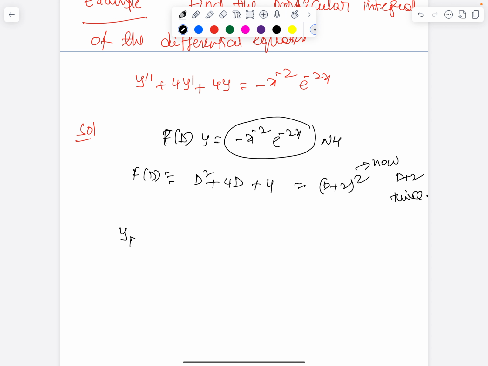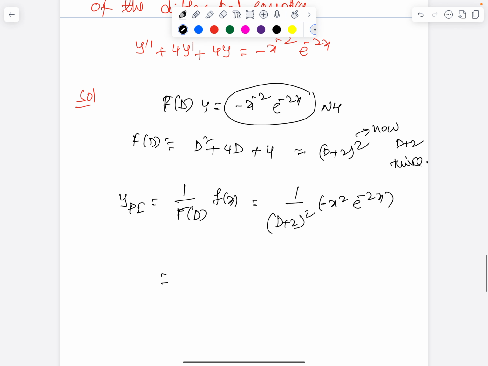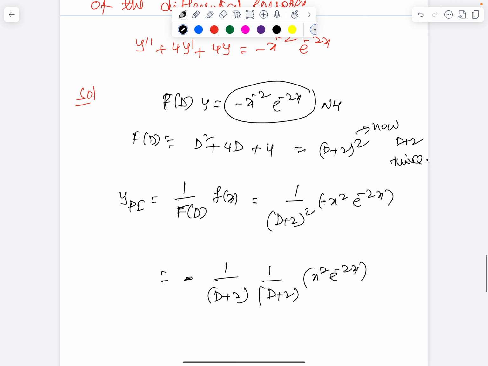Now, to find ypi, we write 1 by (D plus 2) whole squared into f of x, that is minus x squared e power minus 2x, and this is nothing but minus of 1 by (D plus 2) into 1 by (D plus 2). You can always write it. So, x squared e power minus 2x, this negative is adjusted here in the beginning.